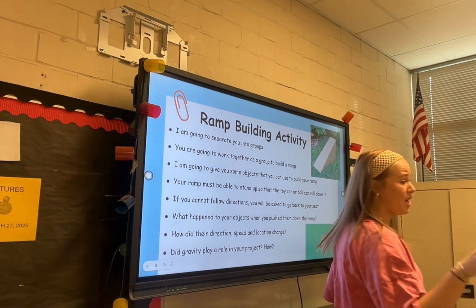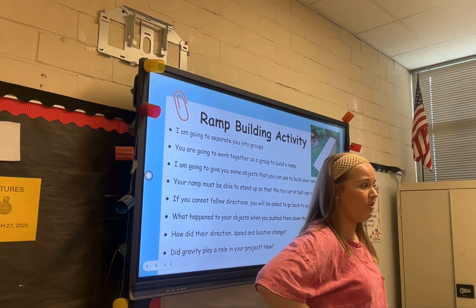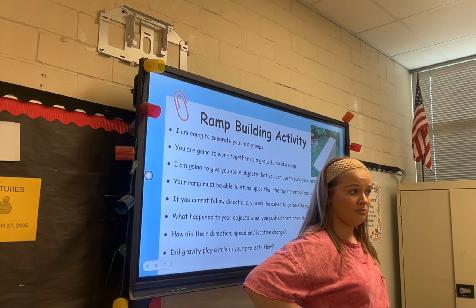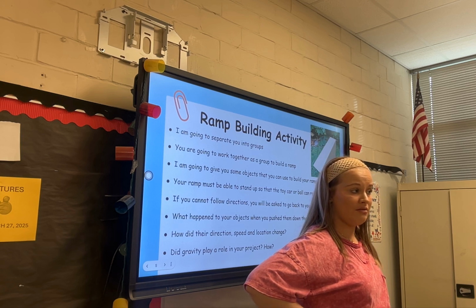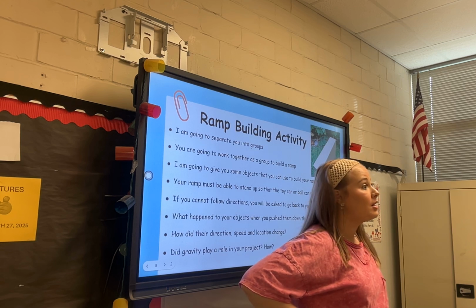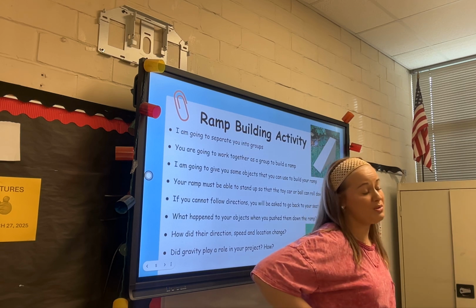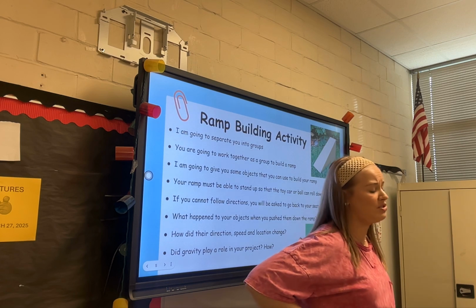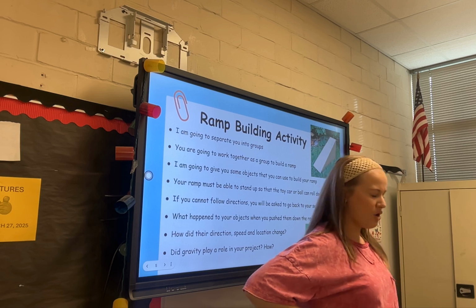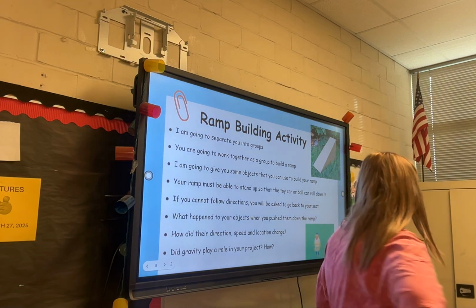So, did gravity play a role in your ramps? Yes. What did gravity do? It pulled it down the ramp. So when you put your pencil at the top of the ramp, did your pencil float away? No. What pulled it back down? Gravity. Yes.